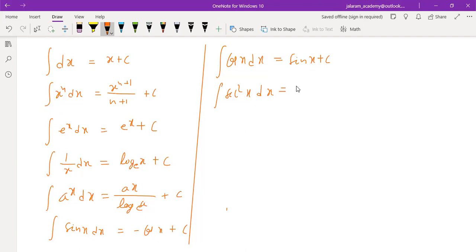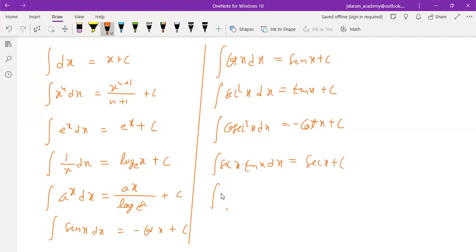So integration of sec square x is tan x plus c. Integration of cosec square x is minus cot x plus c. Differentiation of sec x is sec x tan x, so integration of sec x tan x will be sec x plus c. Integration of cosec x cot x is equal to minus cosec x plus c.